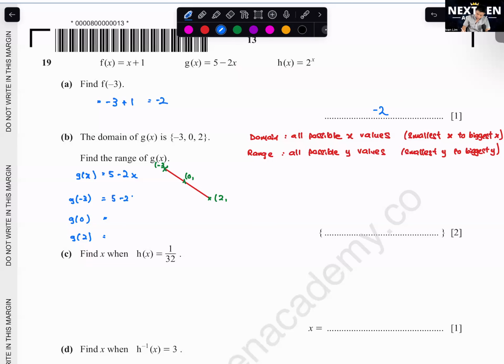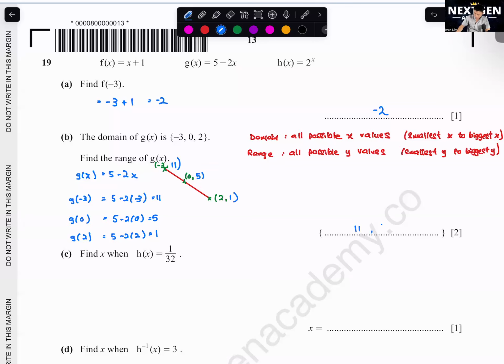So 5 minus 2 times negative 3, this one will be 11. 5 minus 2 times 0, this one will be 5. Then 5 minus 2 times 2, this one will be 1. So we get 11, 5, and 1. How do we write this expression?